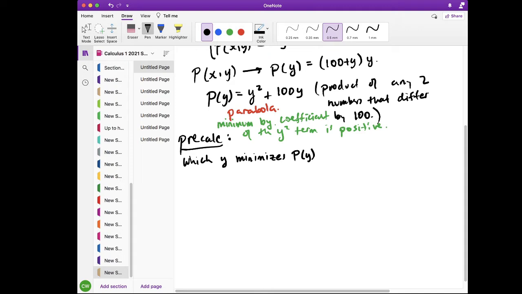It has a specific name. Vertex, yeah. Does anyone remember what the vertex formula is? Hint, if you don't remember, you can derive it using calculus.